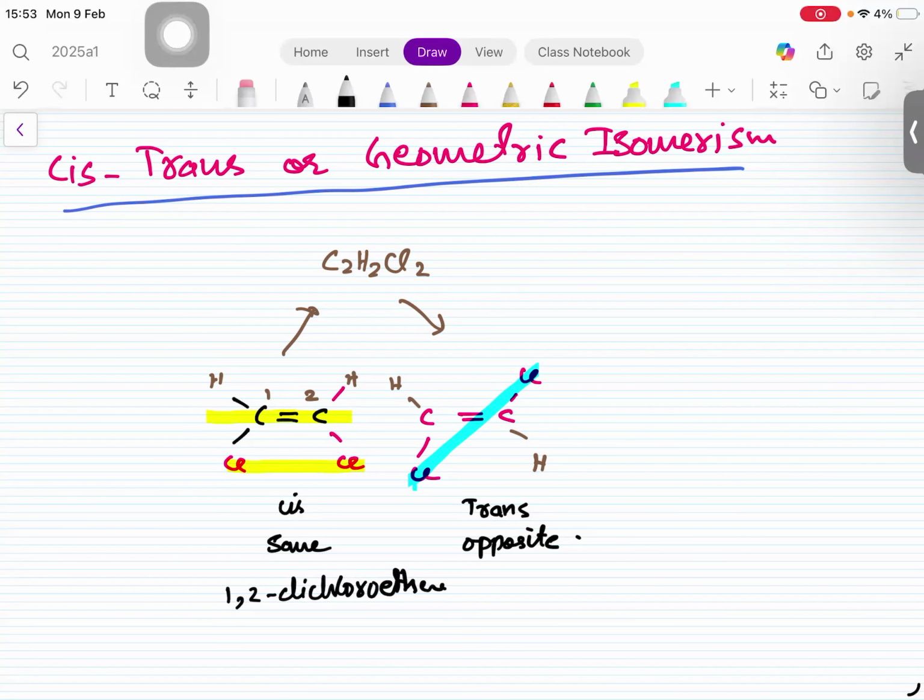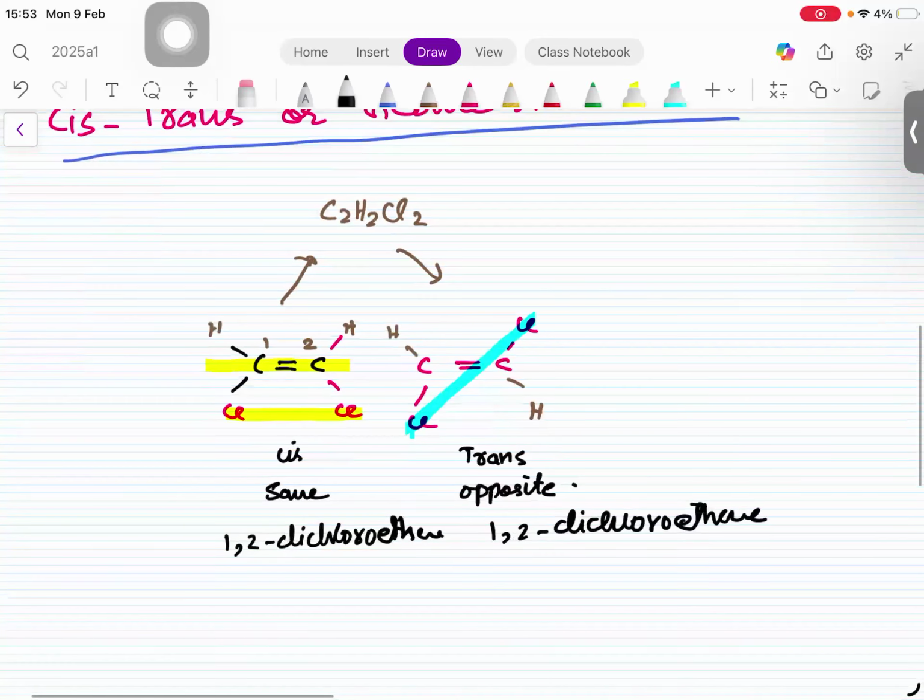And the same 1,2-dichloroethene. So there is no difference. Okay? Both of these compounds have same molecular formula, same structural formula. The only difference is the orientation, right? Because one is on one side of the double bond, one is on the opposite side. And this only happens with a double bond, yes, because free rotation is restricted only by what? Double bond restricts it.